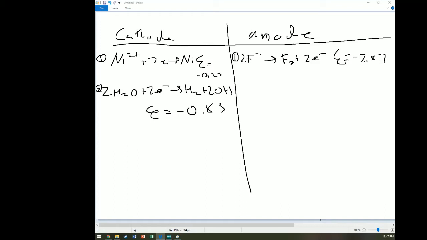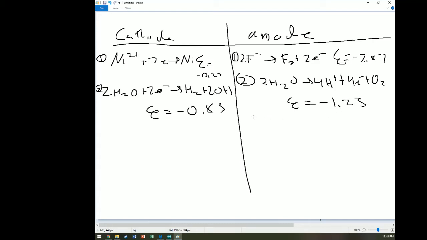Now let's consider the other side. We have 2H2O yielding, if I look here on my table, 4H+ plus 4 electrons plus O2 gas, and the voltage for this half cell is minus 1.23.